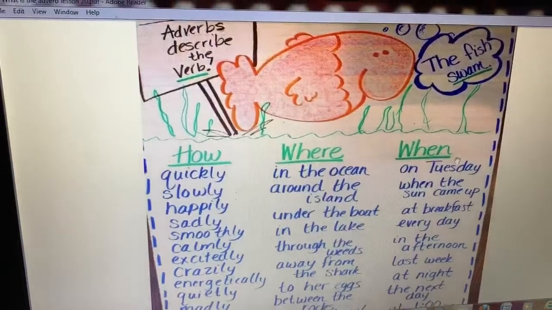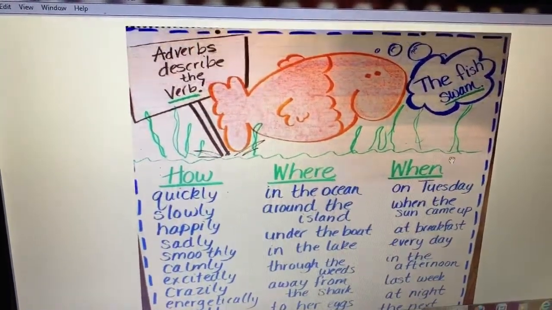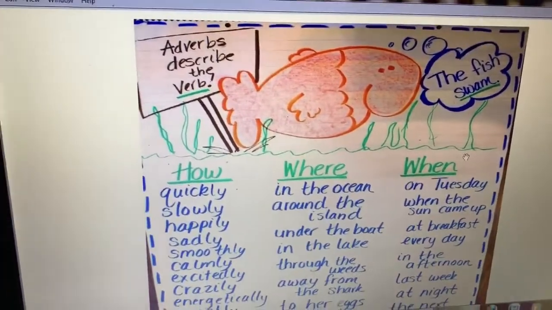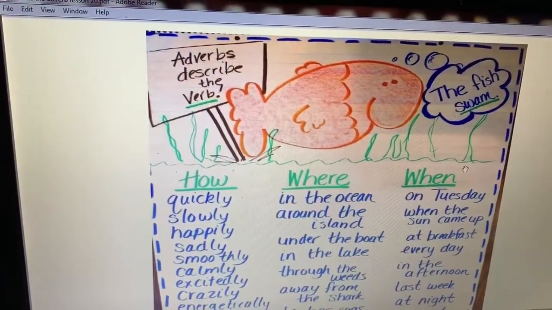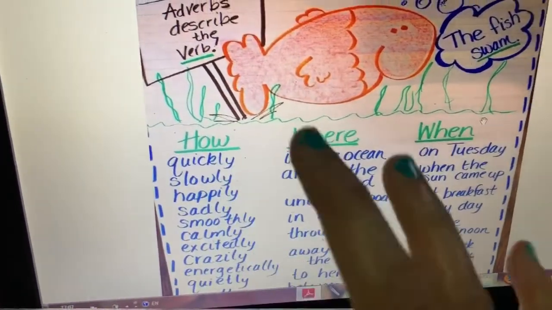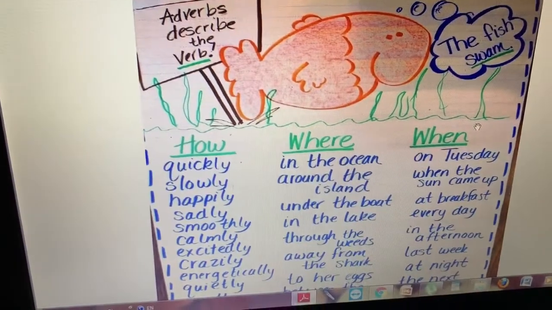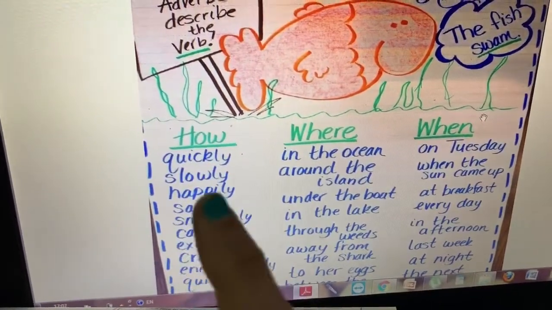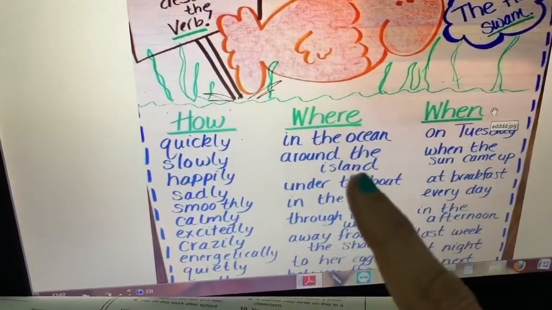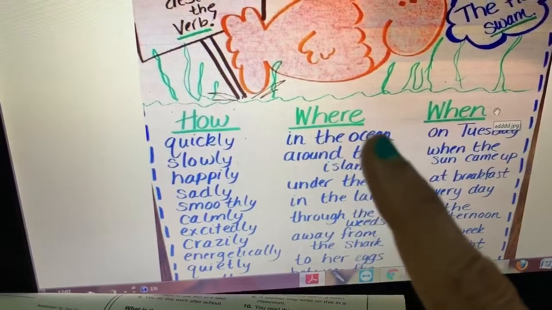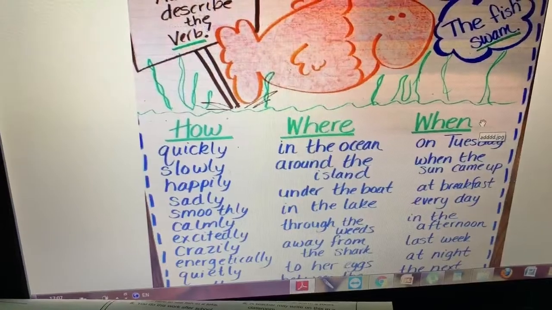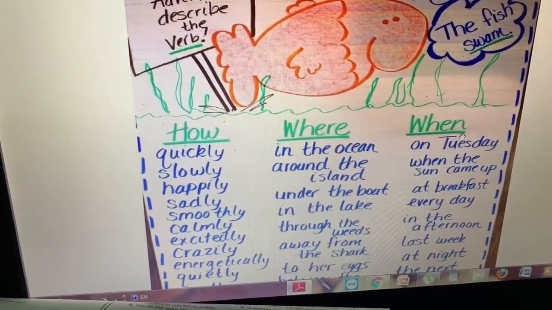Look at these. We have more activity here to show that adverbs describe the verbs. Look, we have 3 types of adverbs. Adverbs of how, or adverbs of manner, adverbs of where, or adverbs of place, and adverbs of when, or adverbs of time.